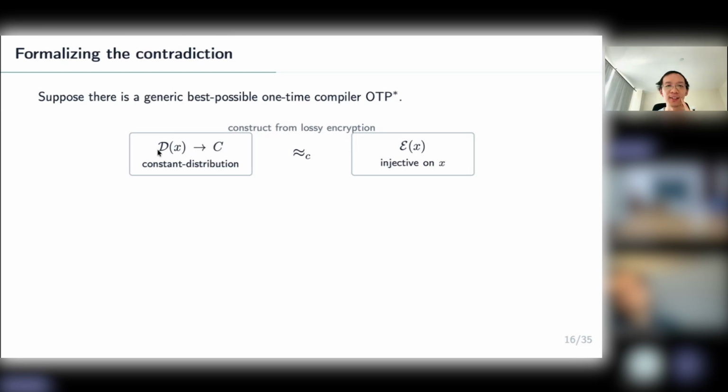The first class of functionality, D, is just going to output one sample from a certain fixed distribution that's independent of X. So this is a constant distribution functionality, exactly the one that we described in the previous slide. And the second class of functionality we call E. This class of functionality is going to be injective on X, so the output can always be inefficiently or efficiently inverted to X.